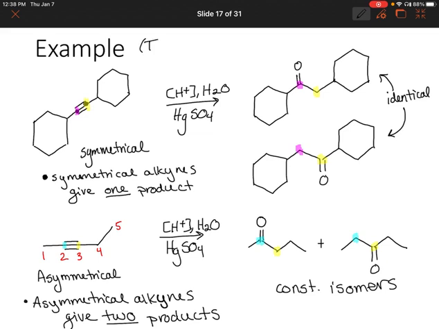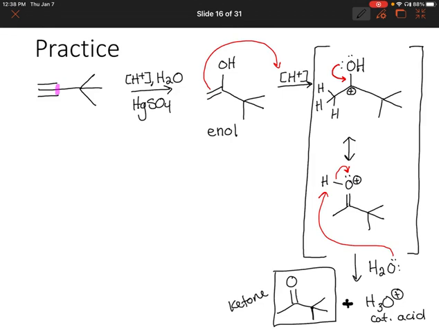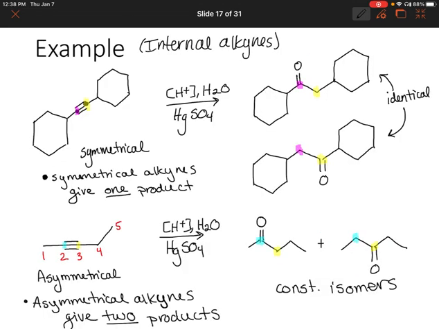So let me write that up above. Internal alkynes, whereas the example we saw on the last slide, so let's go back, that was a terminal alkyne. So a terminal alkyne does have a more substituted carbon and a less substituted carbon, so you really only get one product there. But then when you have these internal alkynes, you can potentially end up with 2 products if your alkyne is asymmetrical.